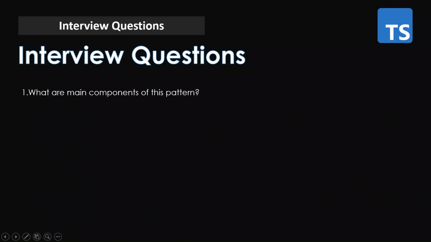Alright, so the interview questions. What are the main components of this pattern? The main components of this pattern, first is that abstract class, means the template that you had. The second one is your template methods, or your concrete implementations. Sorry, my bad. So in an abstract class you had the template method, the performShipment method.